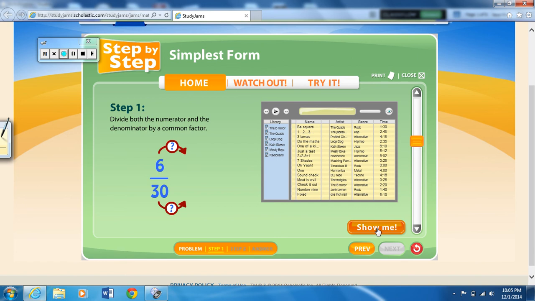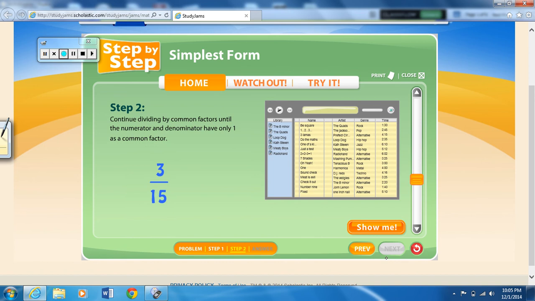Since 6 and 30 are both even, you know that they are divisible by 2. Once we divide by 2, that leaves us with 3/15. Continue dividing by common factors until the numerator and denominator have only 1 as a common factor. Both 3 and 15 are divisible by 3, so if we divide the numerator and the denominator by 3, we're left with 1/5.